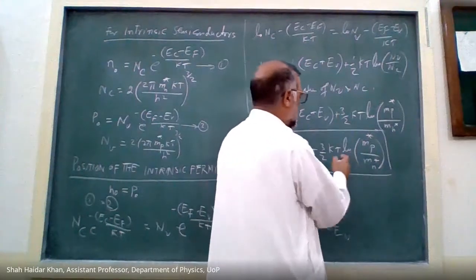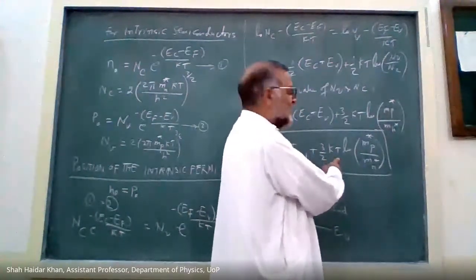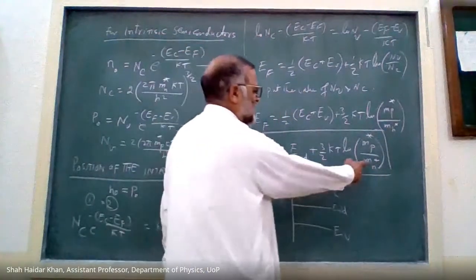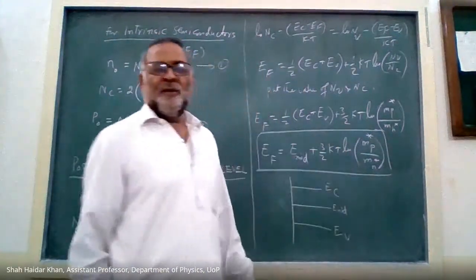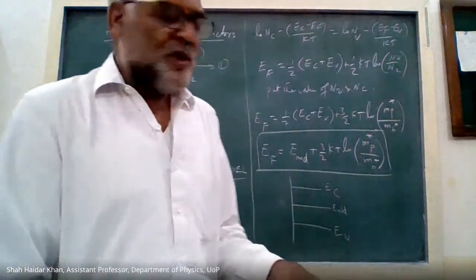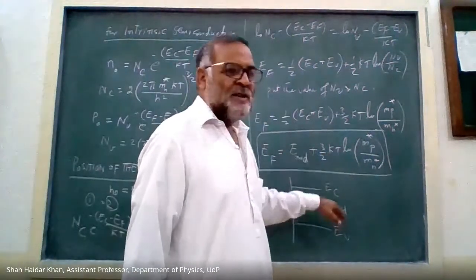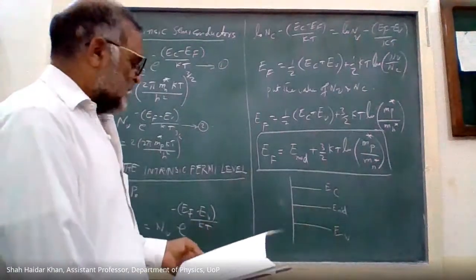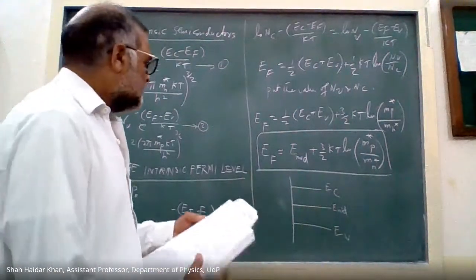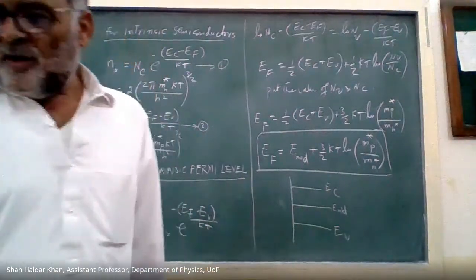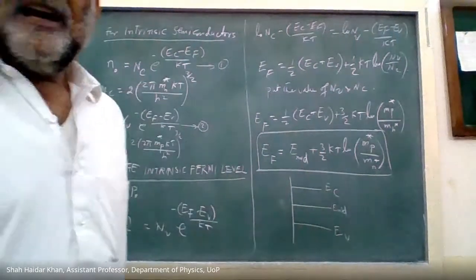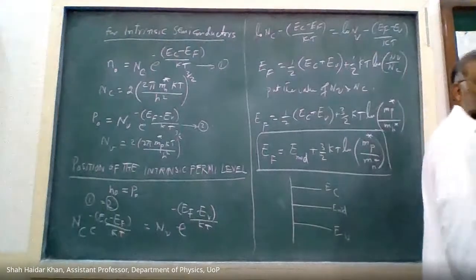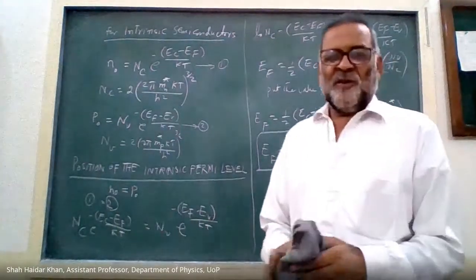So the Fermi energy is a function of temperature as well as a function of the effective mass of electrons and holes. This was related to the intrinsic Fermi level.